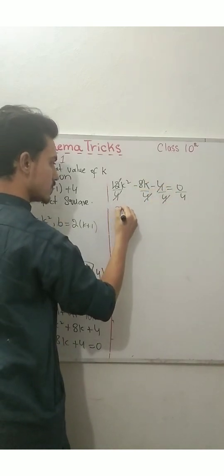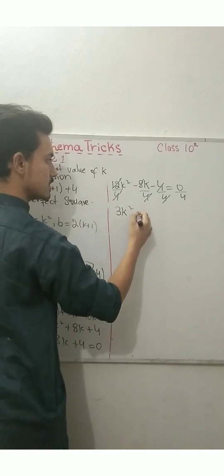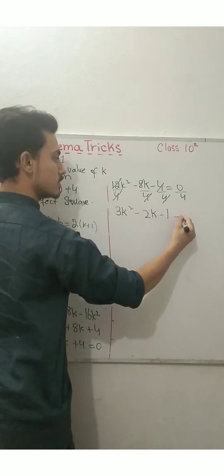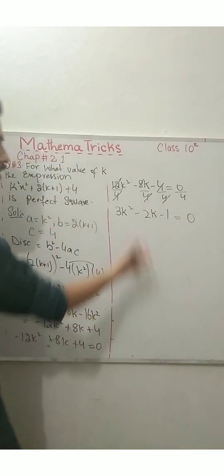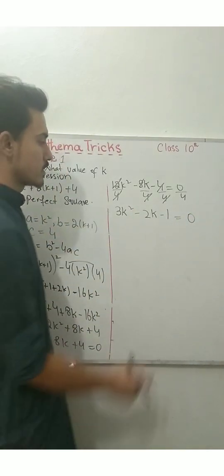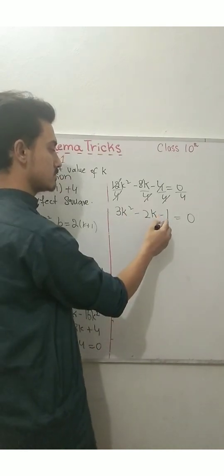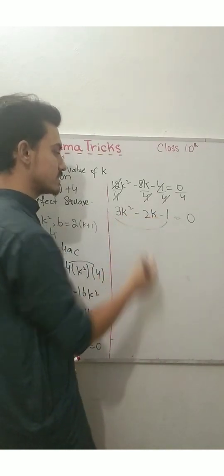is 3k square minus 2k minus 1 equals 0. Here is the standard form of a quadratic equation: you have a higher order term, a linear variable, and a constant. Let's do the middle term break. Minus 1 times 3 is minus 3.